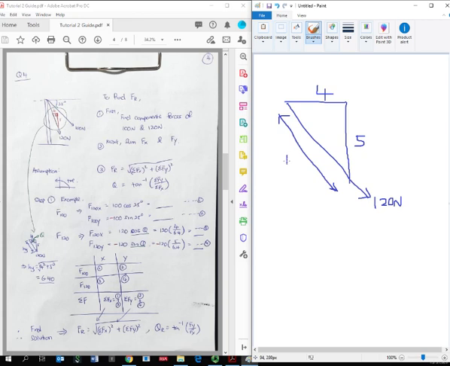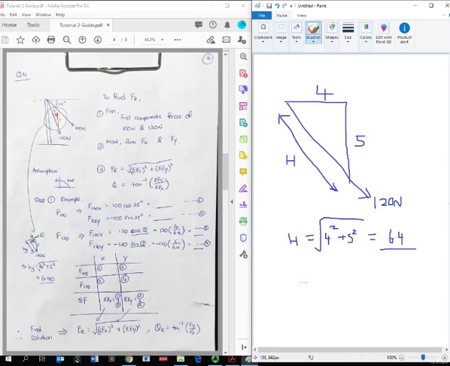The hypotenuse is equal to the square root of 4 squared plus 5 squared, and you will get 6 point something. This is the 6.4. Once you get the 6.4, the hypotenuse, your main thing is resolved.